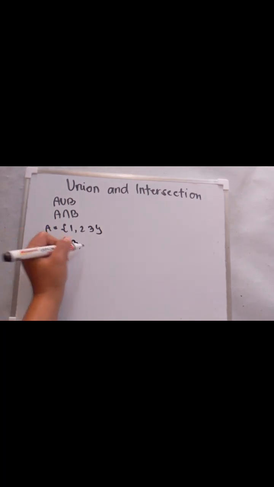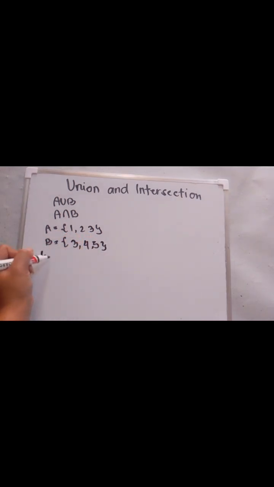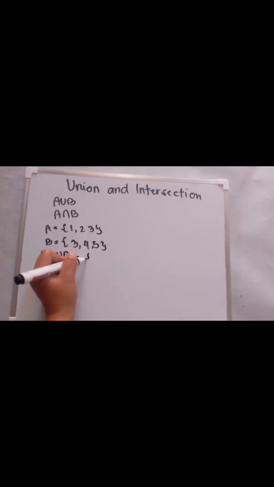In A union B, combine all the elements from both sets without repeating any items. When we combine them, the number 3 appears in both, but we write it only once. So A union B is equal to the set 1, 2, 3, 4, and 5.